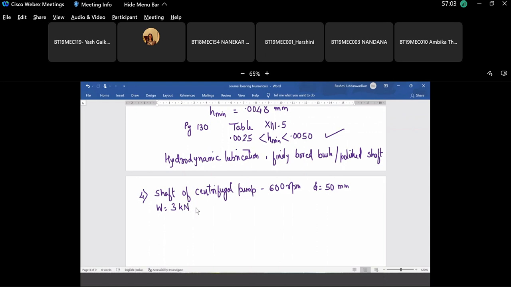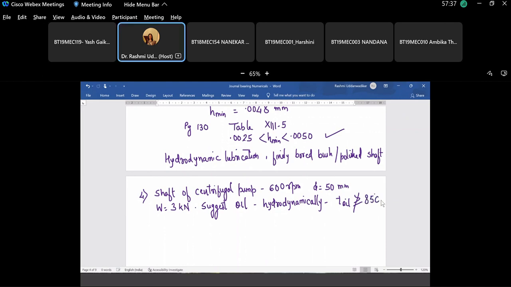Suggest suitable oil if it has to run hydrodynamically, with the oil temperature not to exceed 85 degrees Celsius.